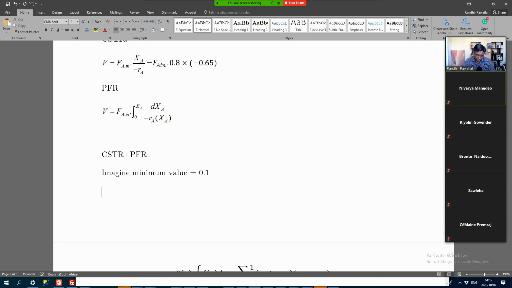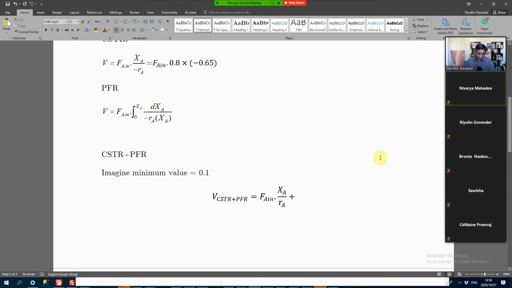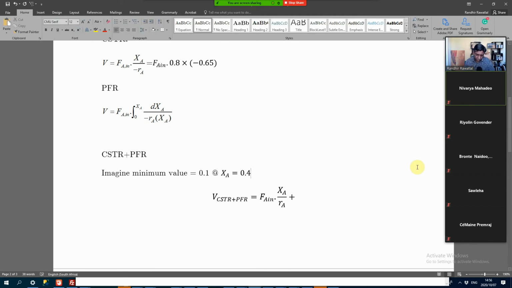So then the volume in this case, V CSTR plus PFR equals, so the volume of the CSTR part is going to be FA in times XA over RA, so times XA over RA, and then plus, and here, so let's say the minimum value is 0.1 at XA equals 0.4, right?